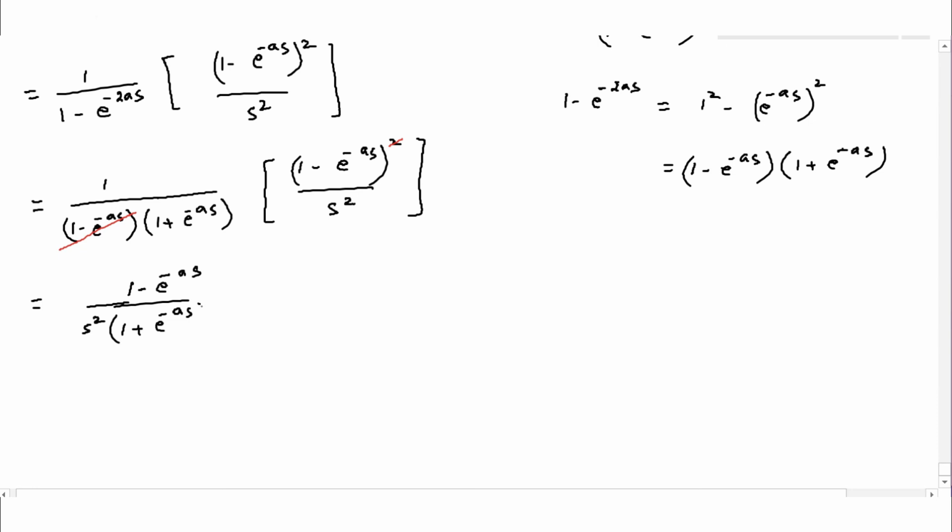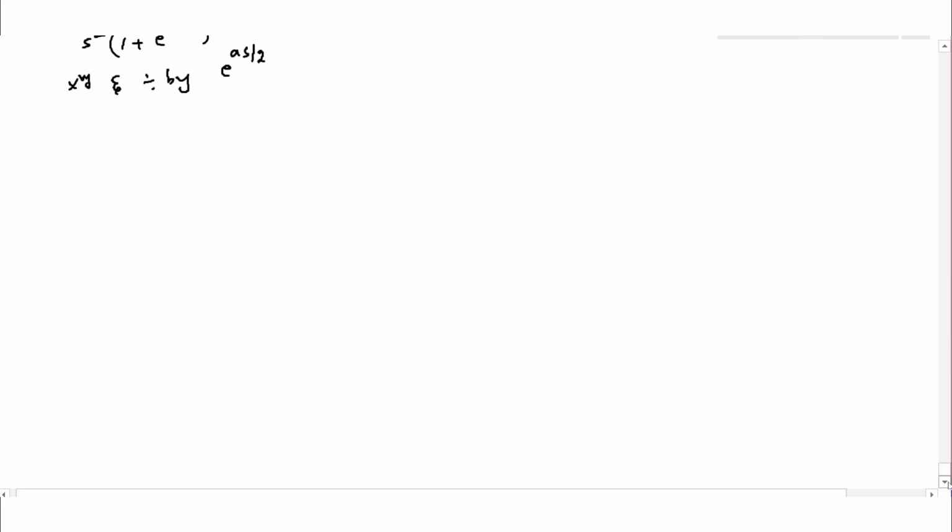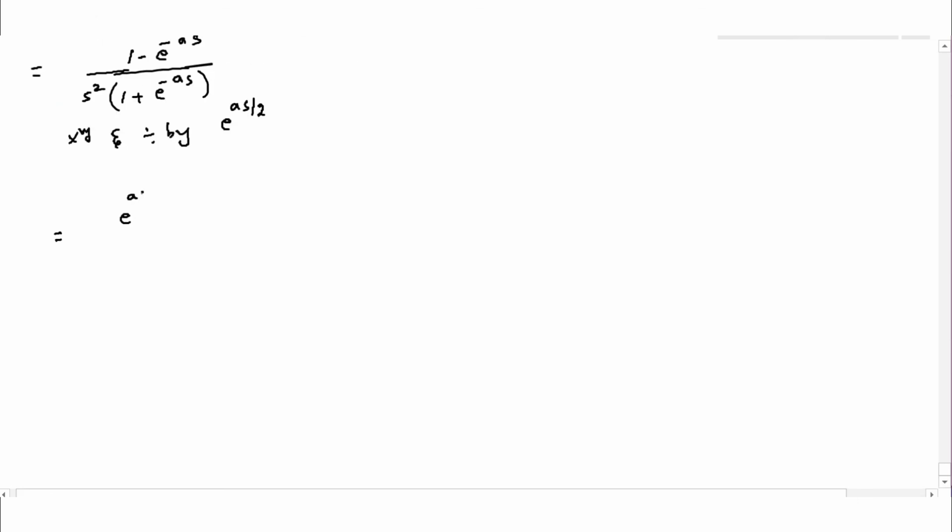So once again you have to get in the standard form. Therefore we will try to multiply and divide by e power of as by 2. So multiply and divide by e power of as by 2. So if you multiply and divide, you will be getting the expression to be equals to, this becomes e power of as by 2 minus e power of, so if you multiply, that is nothing but your half minus 1.